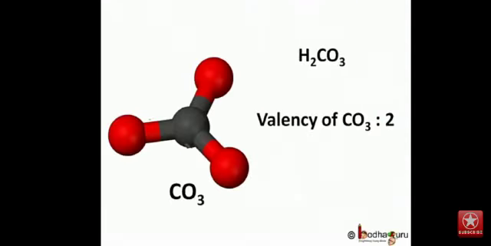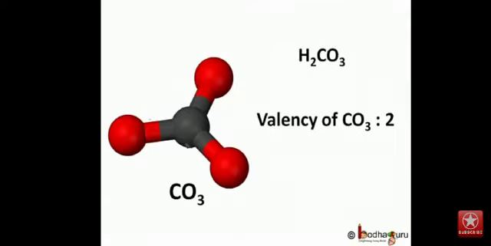Sometimes a group of atoms act like a single unit or atom, like carbonate, which is CO3. You may have heard of sodium carbonate, calcium carbonate, etc. This whole group, that is CO3, acts like a single unit. It is generally called a group.